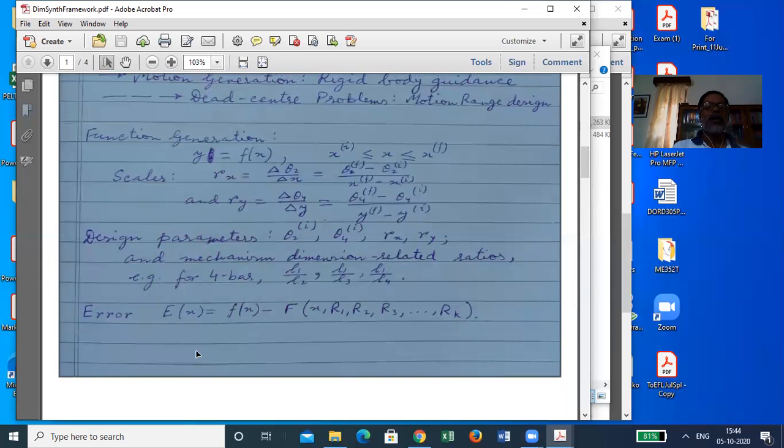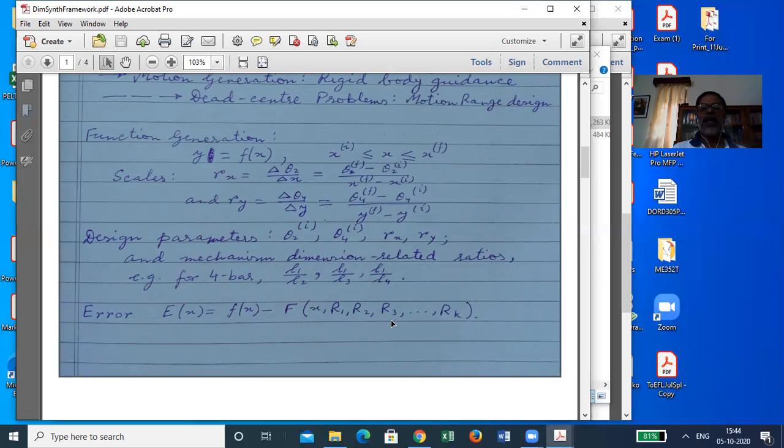So you can say f of x is the function that I wanted. Now these 7 parameters, call them R1, R2, R3, R4, whatever, up to Rk. K may be 3, 4, 5, 6, 7 or more for whatever reason. So if we choose some values from our head for R1, R2, R3, etc., and then assemble the mechanism and start running it, then what will happen?